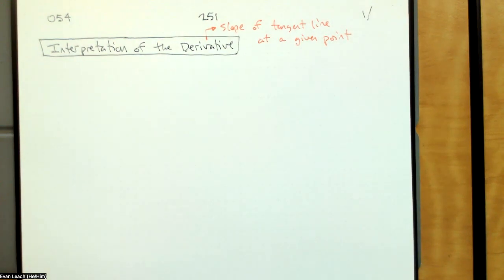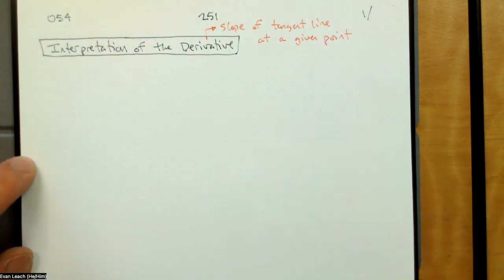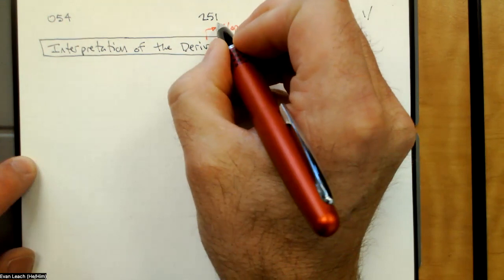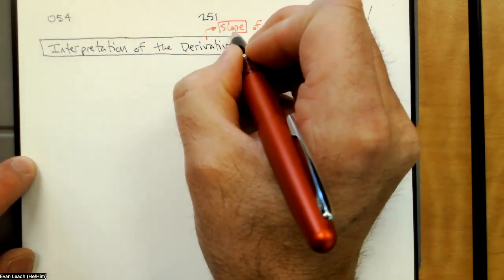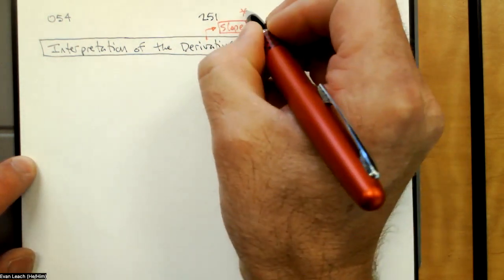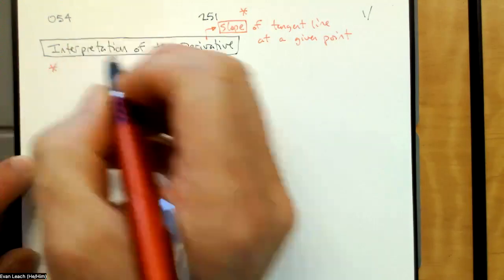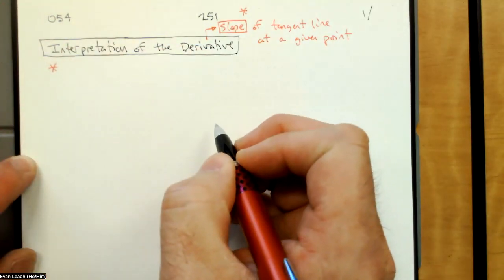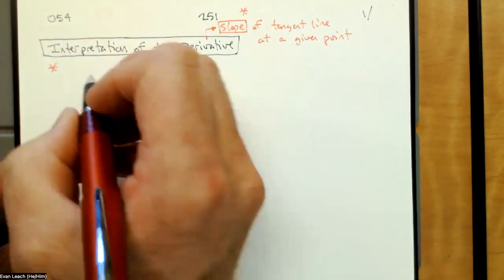The important part of this recall is that the derivative is a slope. Interpreting the derivative is the same as interpreting the slope. So it's this part right here that we care about right now. Derivative is slope. Interpreting the derivative will be the same as interpreting the slope.